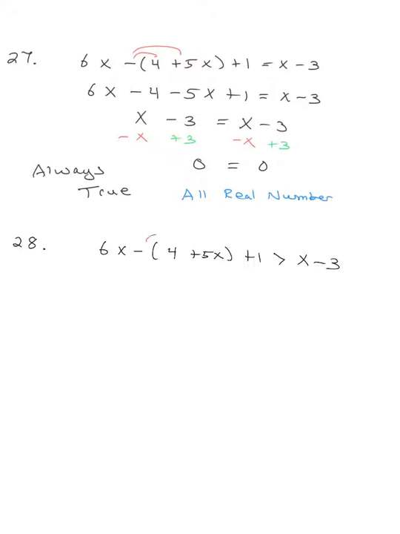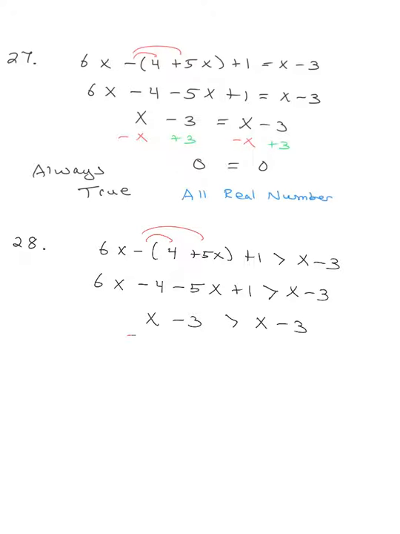Let's see. I distribute the negative. I get 6x minus 4 minus 5x plus 1 is greater than x minus 3. So, right, this is all coming out to be the same thing. It's x minus 3 is greater than x minus 3.